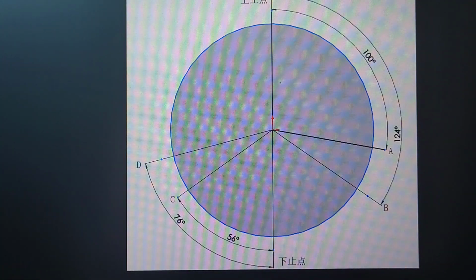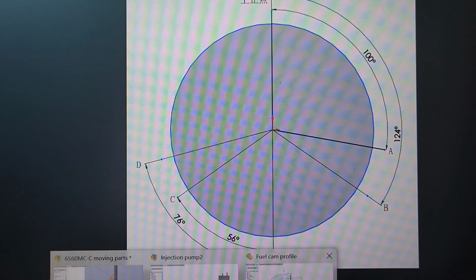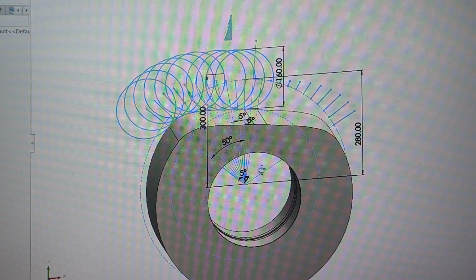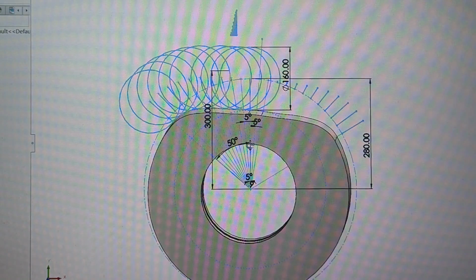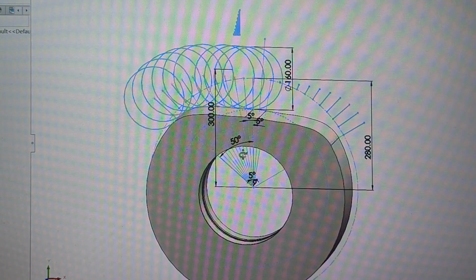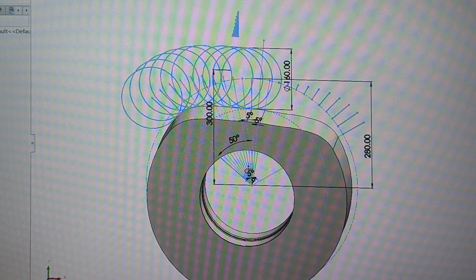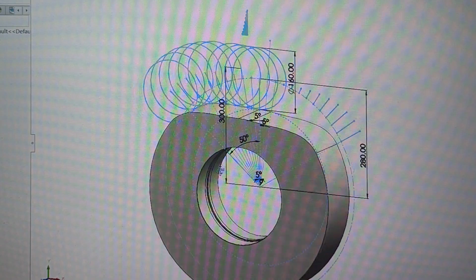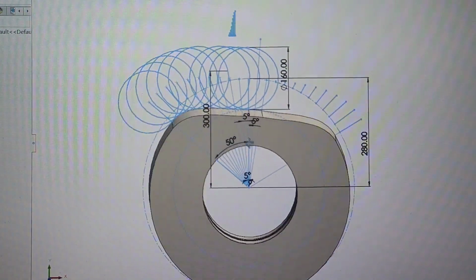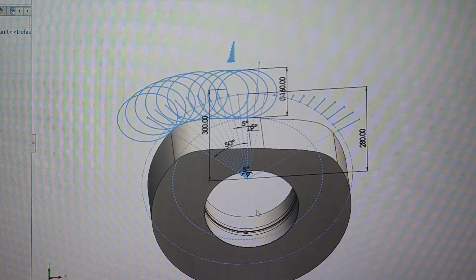So not this graph, this one. So we designed the fuel cam in a symmetrical design so the engine can be operated reversely. This is done by the main BMW as well, and we borrowed their design.